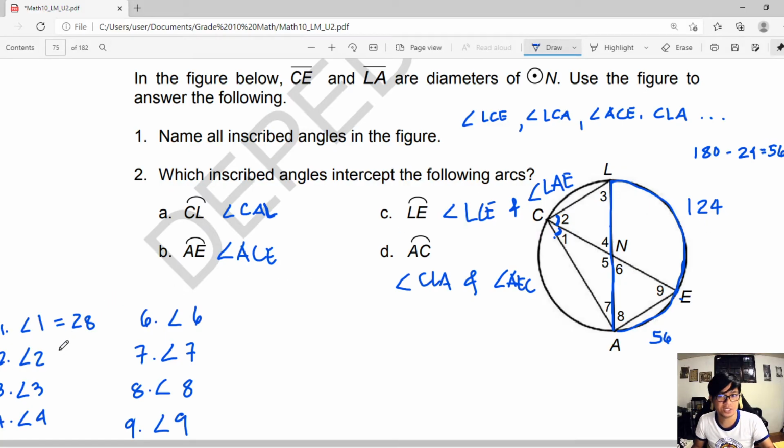So, the measure of angle 2 is 62. Angle 3. What is the measure of angle 3? Okay, tingnan natin.